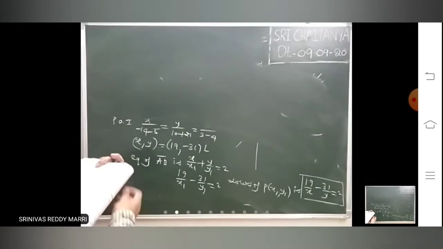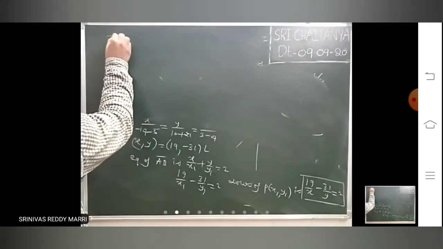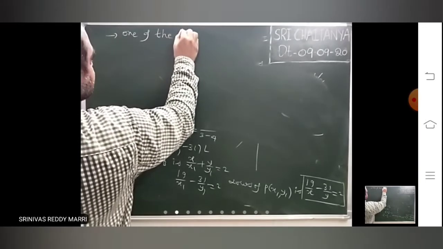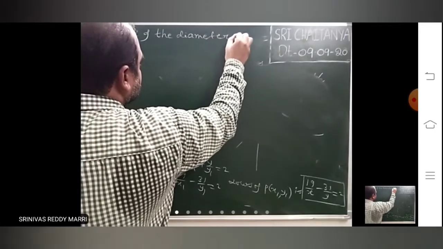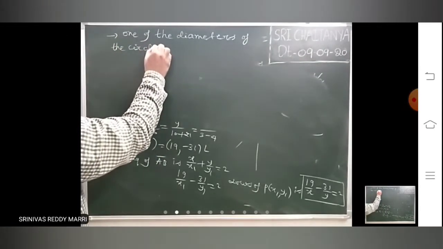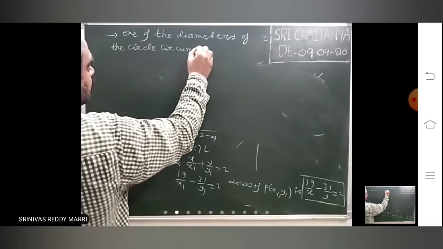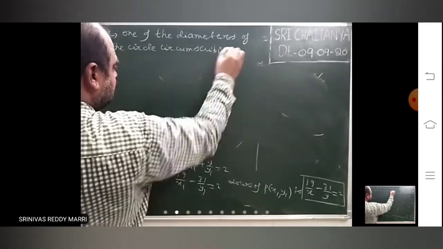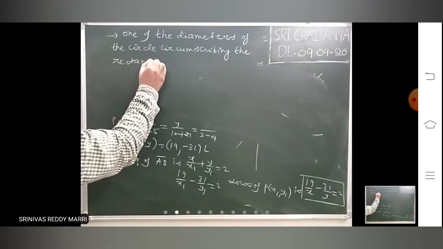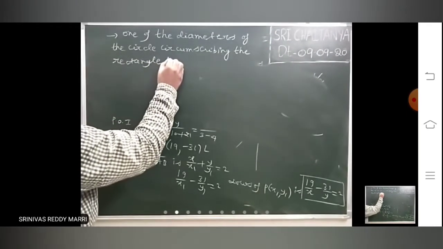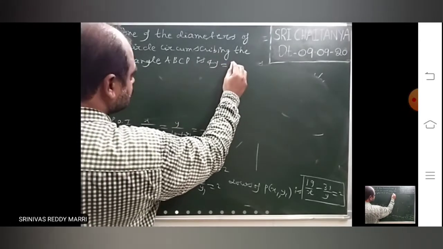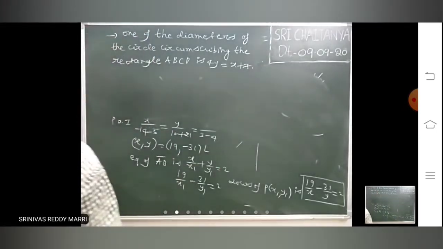Take one problem. One of the diameters of the circle circumscribing the rectangle ABCD is 4y equal to x plus 7.